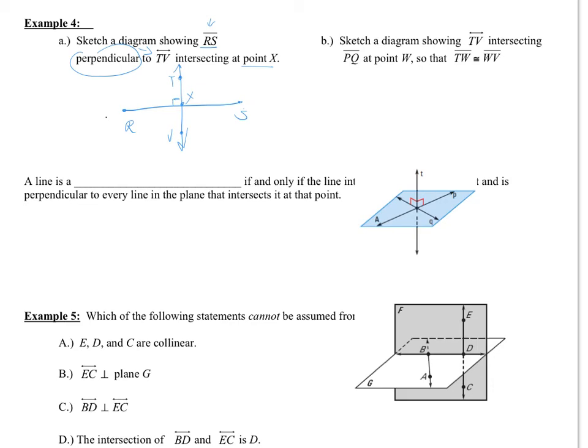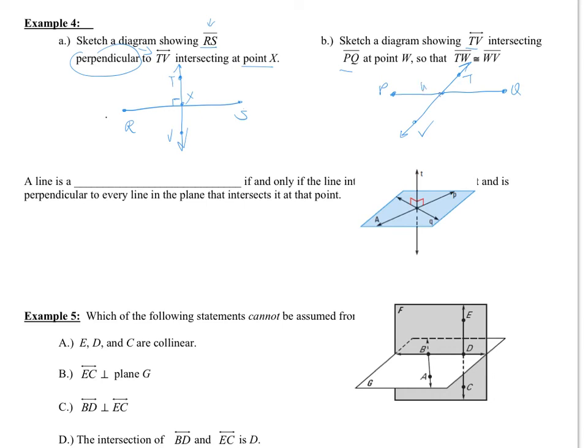Now for part B, sketch a diagram showing that line TV is intersecting segment PQ at point W. Okay, let's first do that. So we have line TV, segment PQ. No, this drawing is not perfect.